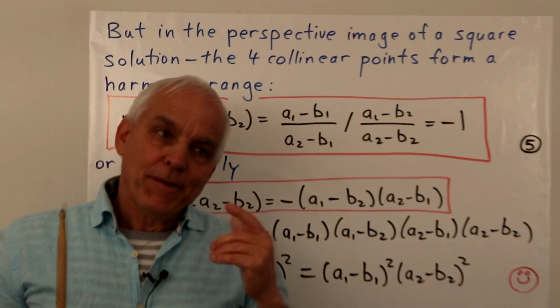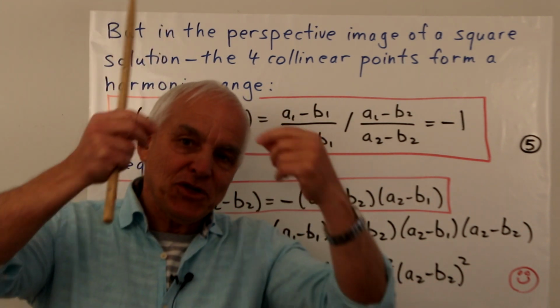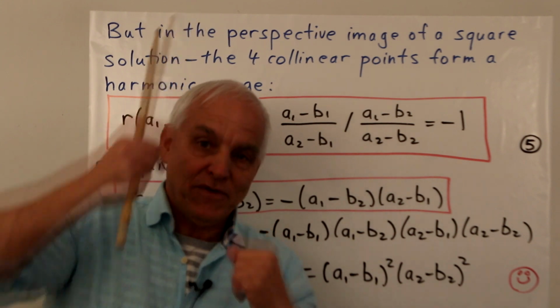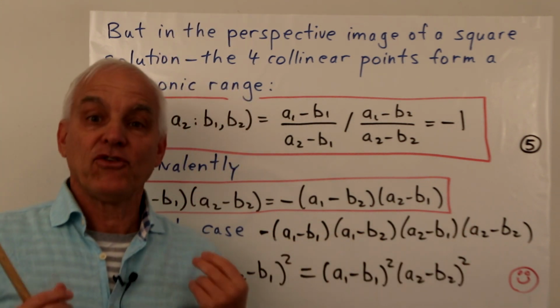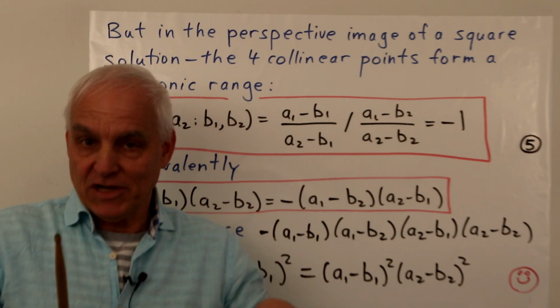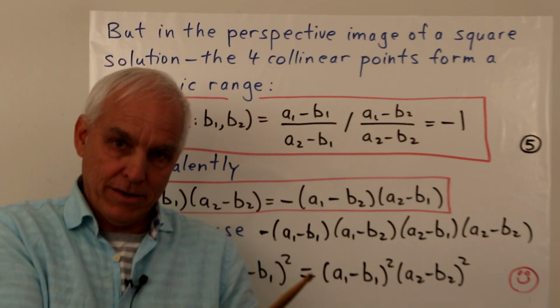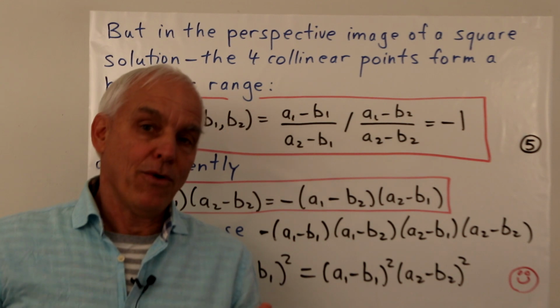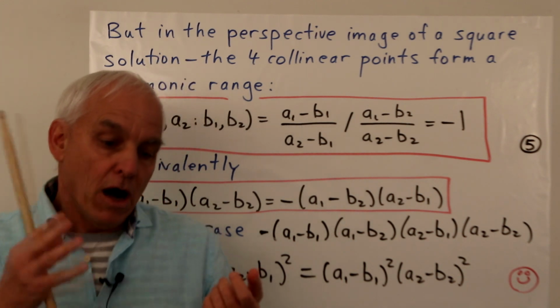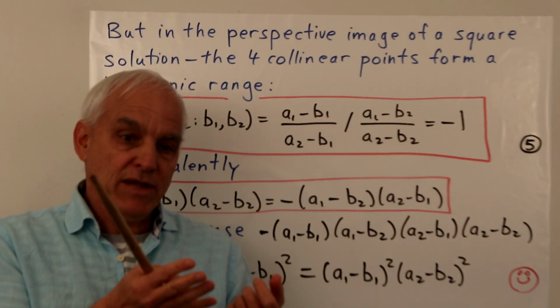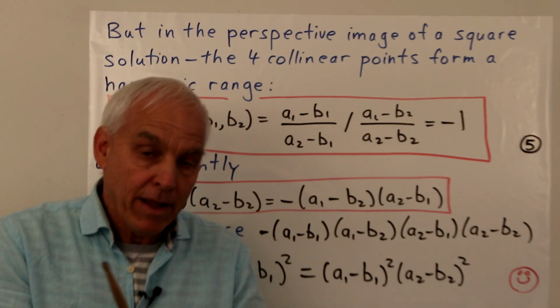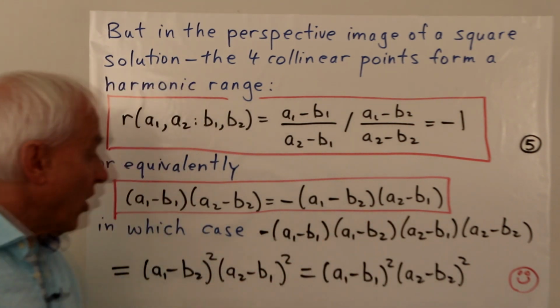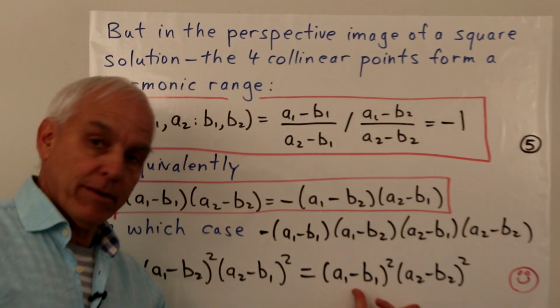Remember, the existence of this point of intersection of the two circles depended on this quantity being a square, because the denominator of the expression was automatically a square. What we're seeing now is that in this harmonic range condition, which comes from our perspective image of a square problem, this crucial quantity is automatically a square.